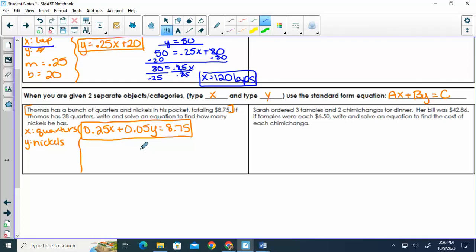So now we have to go back and find the other thing. It says Thomas has 28 quarters. Quarters are which variable? So our x is 28. So I'm going to plug that in.